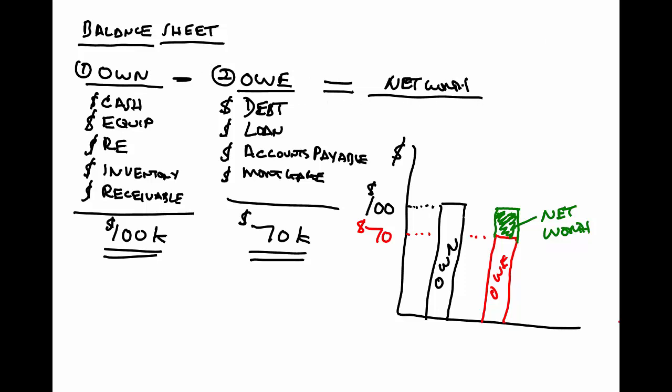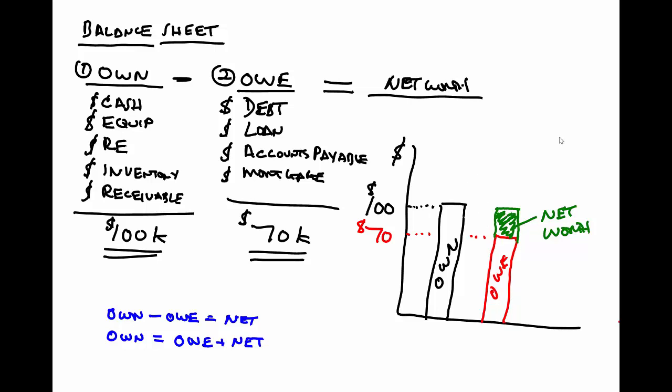If we were to switch that formula around, we have what we own minus what we owe equals our net worth. And I'll just write net there. We can say the same thing by saying what we own equals what we owe plus our net. What we own equals what we owe plus our net. That's exactly what we are seeing in this chart.